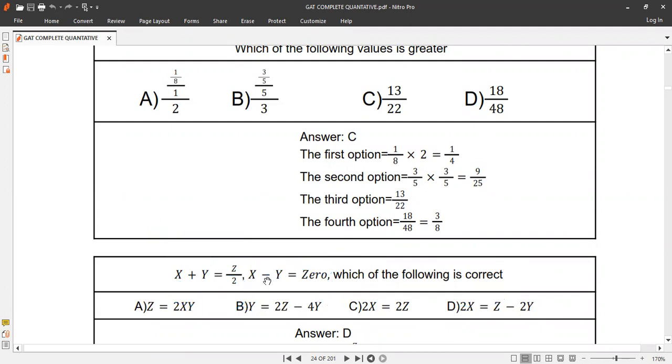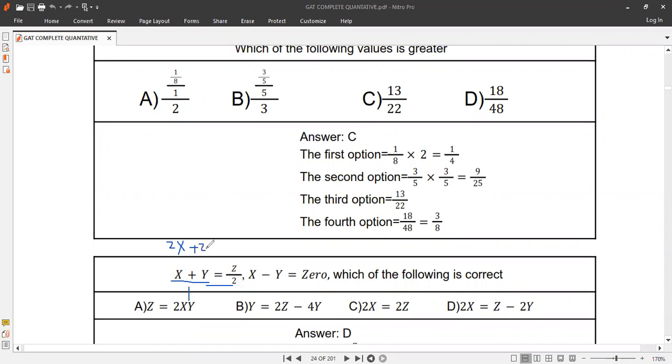What was the point of x minus y equals 0? There's no point. Just keep it like this and make cross multiplication. 2 times x, 2 times y. It means 2x, 2y equals z. You have to know how to work on it in different ways.